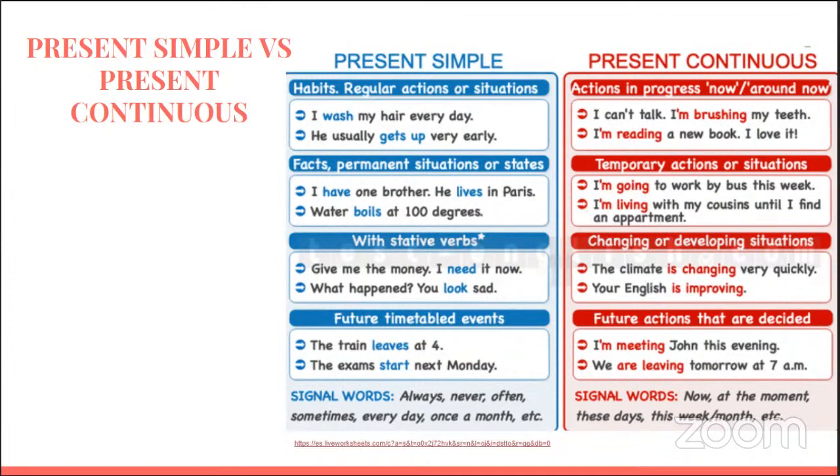Correct. And well, here, with stative verbs, we are going to also use the simple present tense, please. What are stative verbs? Stative verbs are verbs that are going to be expressing feelings and emotions like love, hate, think.